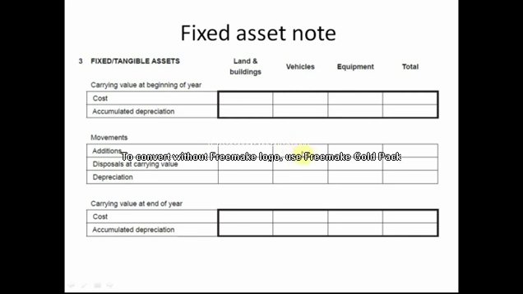So we have the carrying value at the beginning of the year plus additions. We have to reduce the value by disposals at carrying value, so subtract that. We have to reduce the value of our assets by depreciation, so subtract that, and then we will get the carrying value at the end of the financial year.